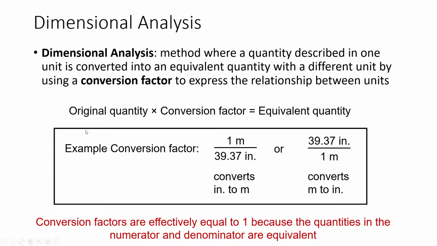So it's a way of converting the unit of an original quantity into a different unit by multiplying by essentially 1. So in general chemistry here, I contend that we don't actually do math at all. We're simply doing conversions. We're converting one unit into another.